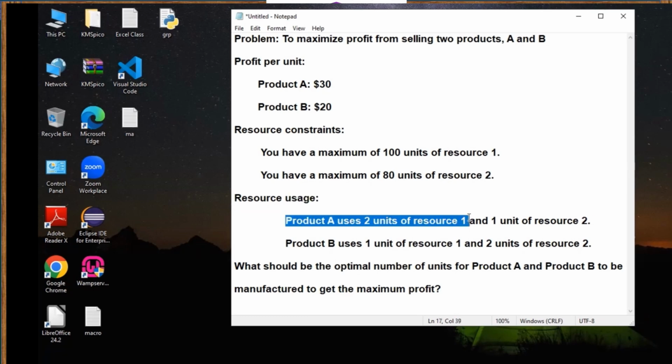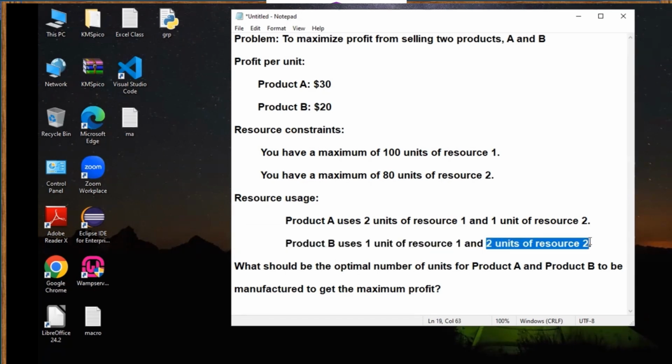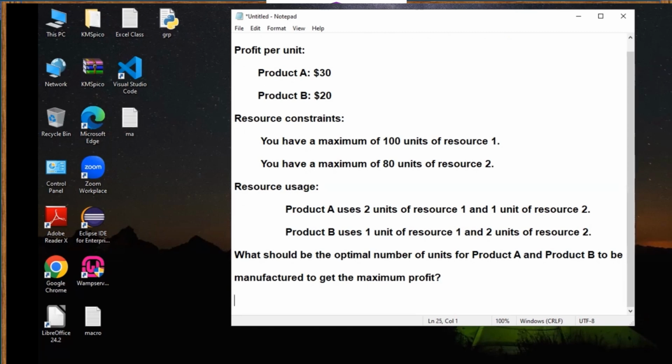Product A uses 2 units of resource 1 and 1 unit of resource 2. Product B uses 1 unit of resource 1 and 2 units of resource 2. Our target using Solver is to answer the following question. What should be the optimal number of units for Product A and Product B to be manufactured to get the maximum profit?